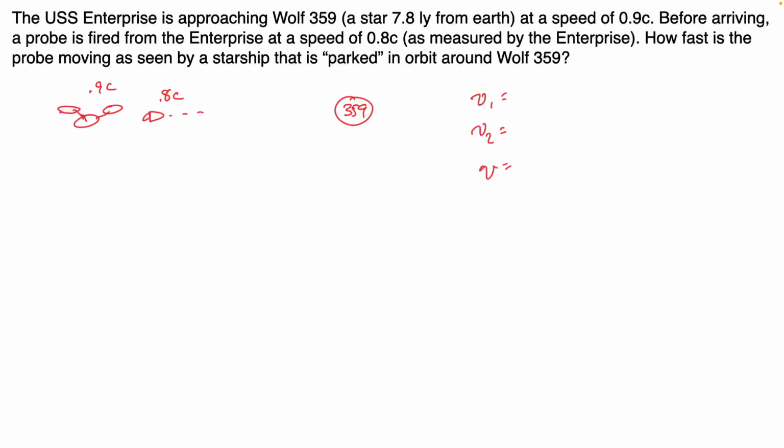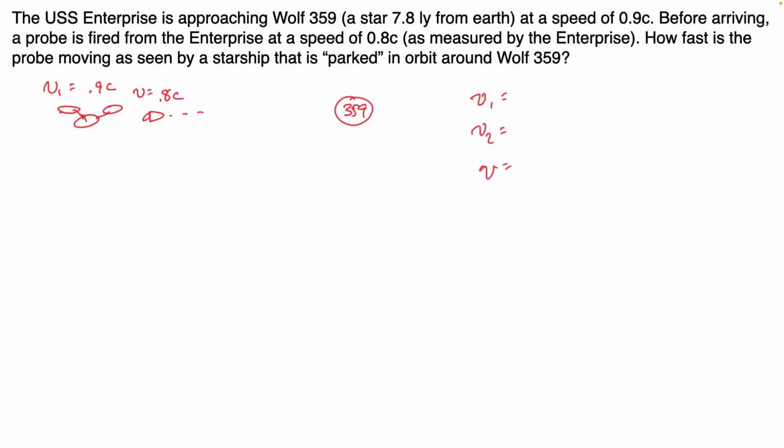If we say Wolf 359 is the central observer, what would V1 then be? 0.9. We've already established Wolf 359 and the Enterprise agree on the speed that they are traveling at. What would the 0.8 then be? It's measured by the Enterprise, a speed of another object relative to itself. That's V, not V2, because what's V2 going to be?